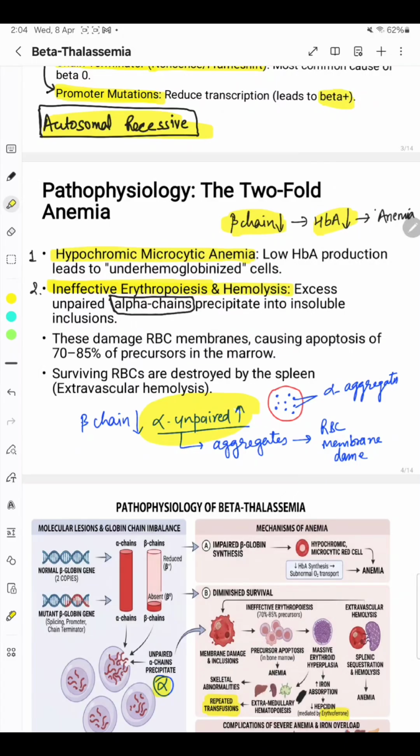They form an aggregate which is insoluble and cause damage to the RBC or RBC precursors by various mechanisms, primarily by the membrane damage, and this increases the apoptosis of RBC precursors, and some damaged RBCs are destroyed in the spleen, resulting in extravascular hemolysis. So both of these mechanisms result in anemia.